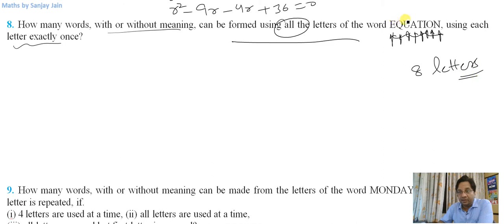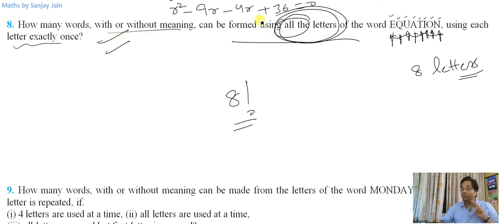And all of these are different: E, Q, U, A, T, I, O, N. So all 8 factorial arrangements can be there. 8 factorial words can be formed using all the letters, because I have to use all the letters.